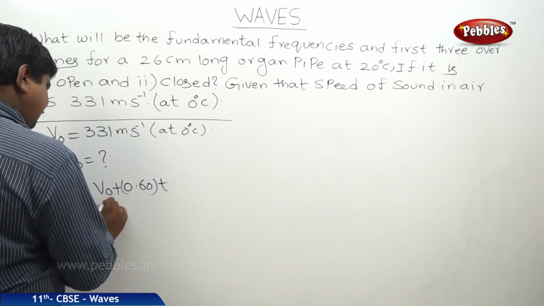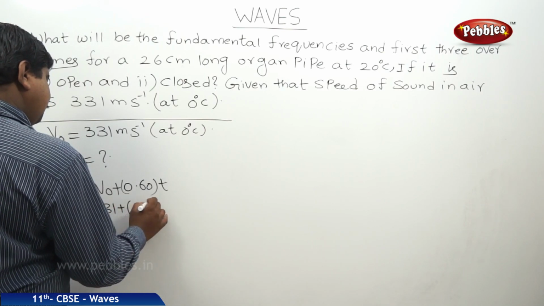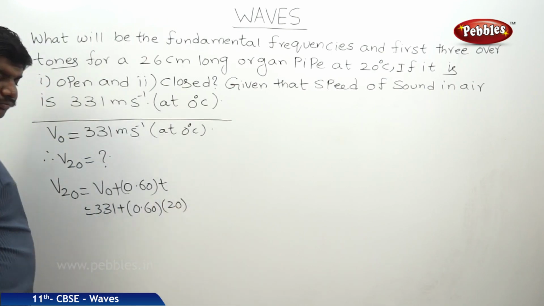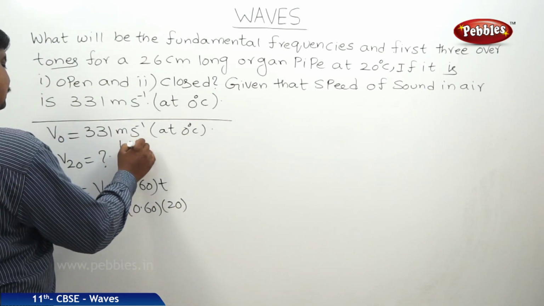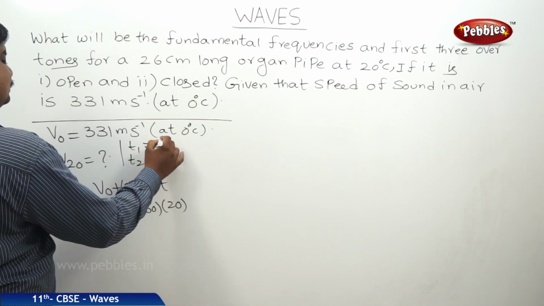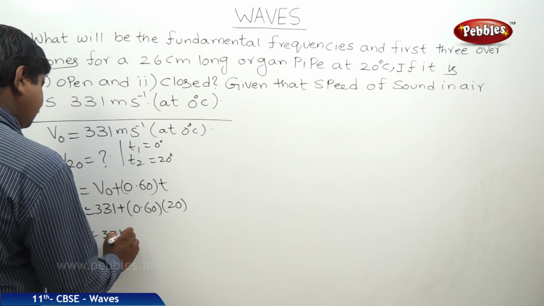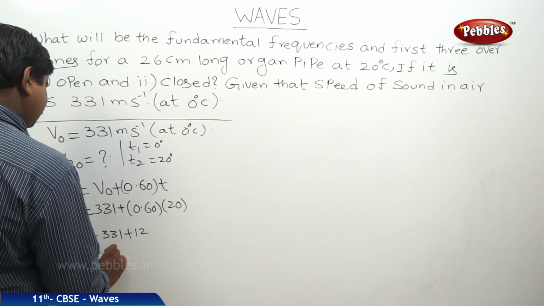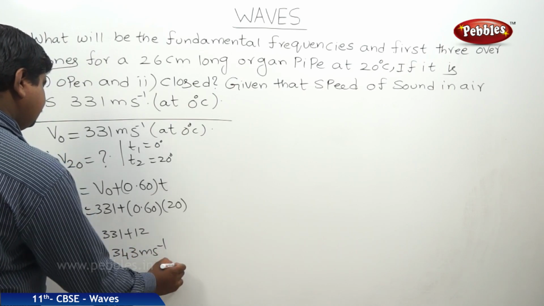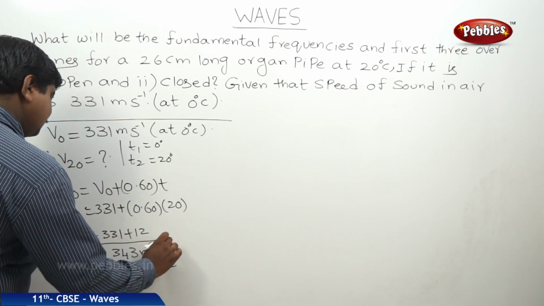So V naught is 331 plus 0.60, temperature difference is 20 because T1 is 0 degrees, T2 is 20 degrees. Therefore, it is 331 plus 12, 343 meters per second. This is velocity at 20 degrees Celsius.